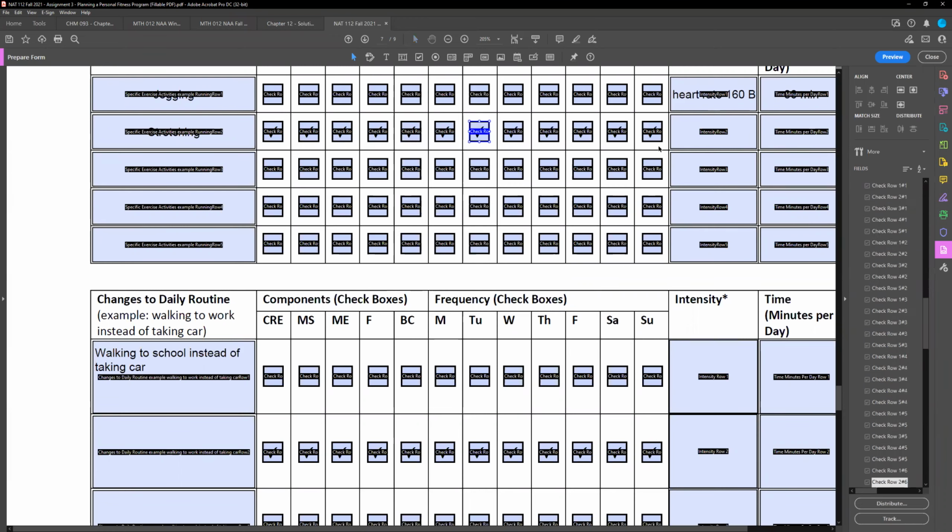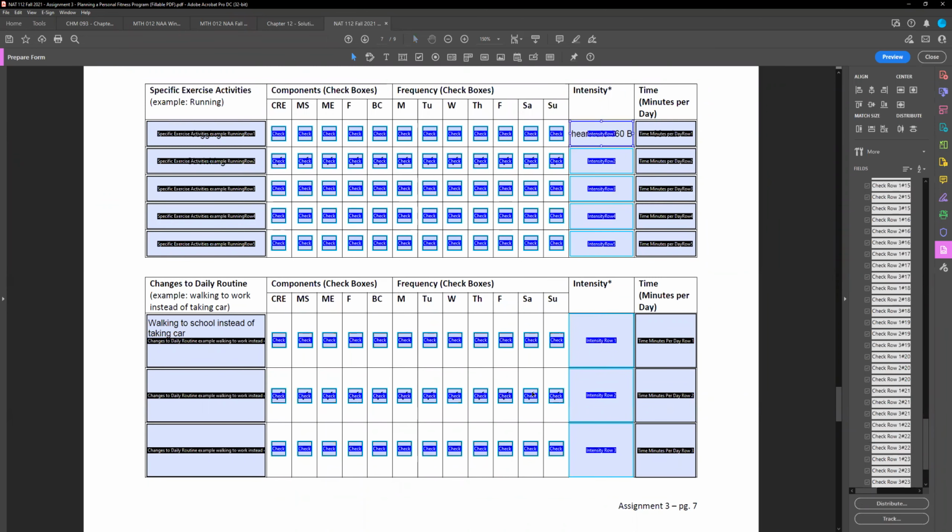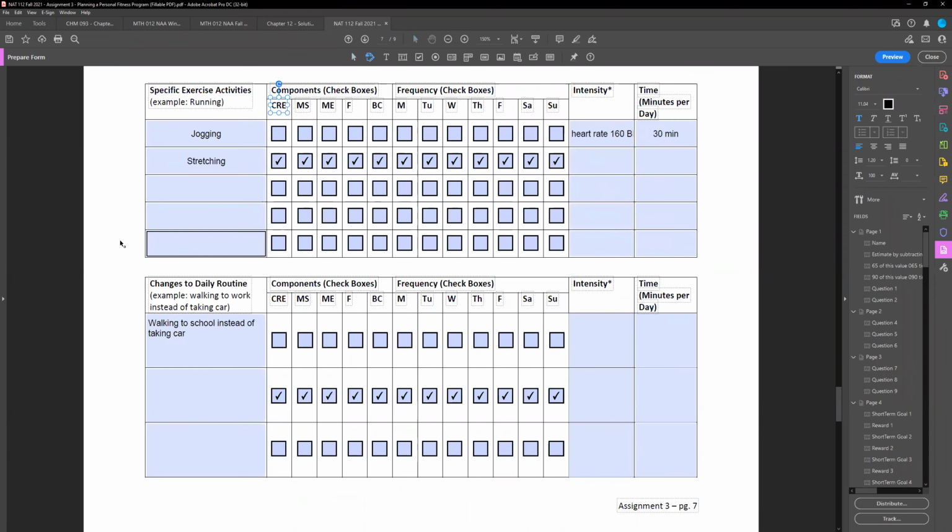So I need to go through and give all of these, you know, how many boxes are there? A unique name. I have to go and label. Oh, I have a bunch more there, a bunch of boxes. Yeah, it's an annoying thing, but because I just got this almost done last minute before class, and it looked like it was good, but I just need to fix that part.